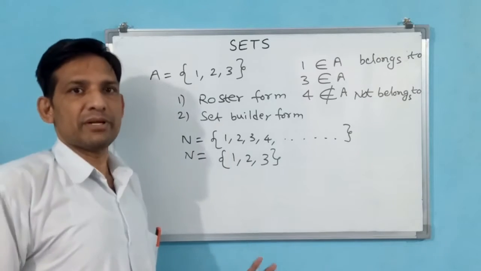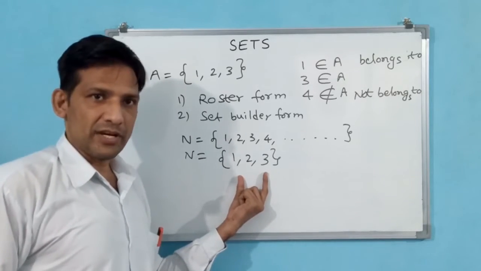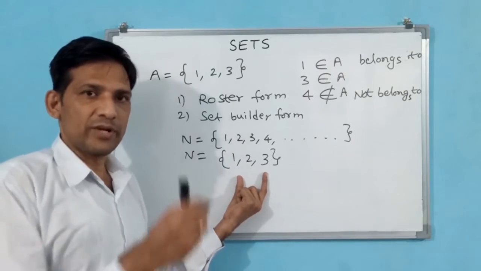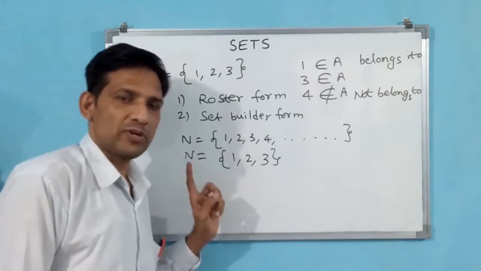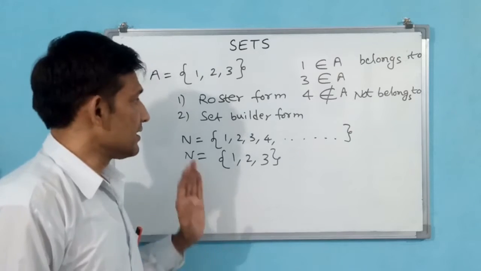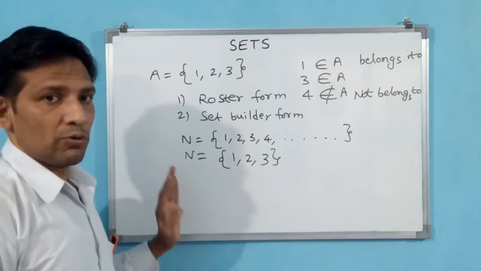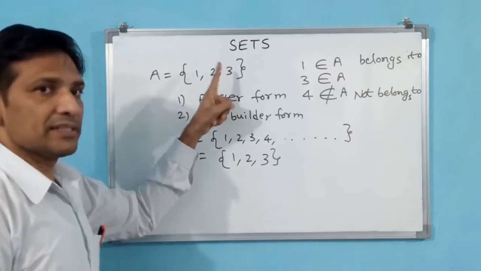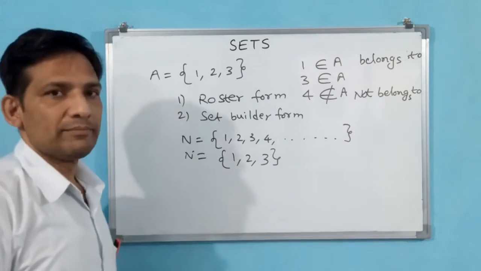Natural numbers means natural numbers only. Here you don't have any choice. If the examiner asks you to write natural numbers up to 5, then you have to write 1, 2, 3, 4, 5. That is the logic behind the representation of sets in roster form.